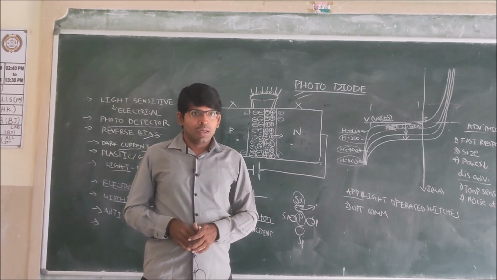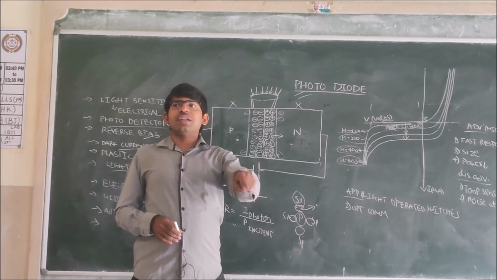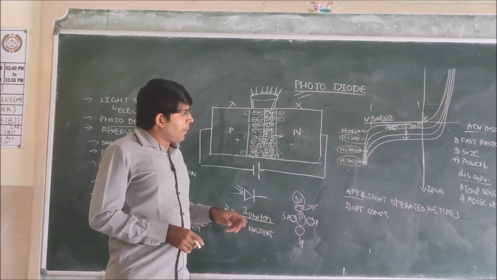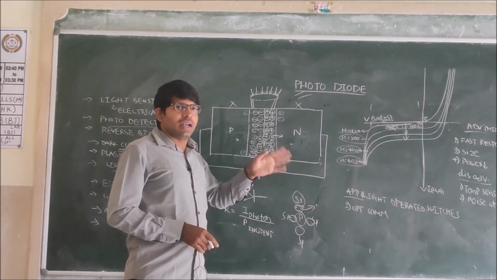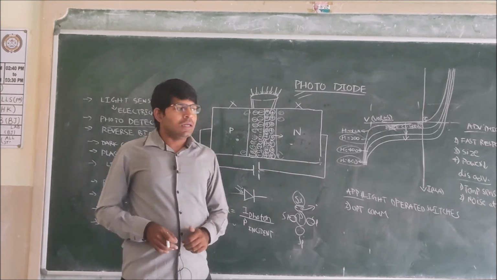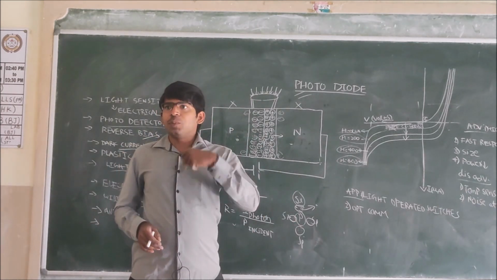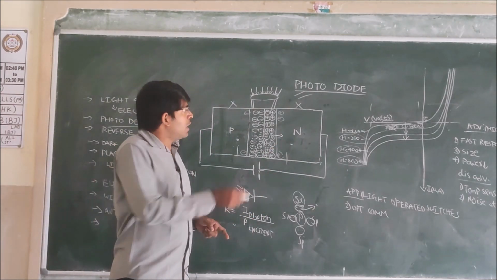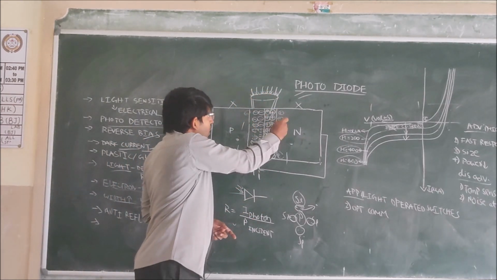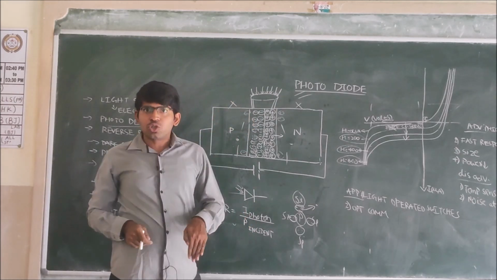There is no doubt it is connected in reverse bias, but because of the applied voltage the current is not directly getting incremented. Because the applied voltage is being incremented, the depletion region width is increasing, then there is a chance for more light to fall in this region also.